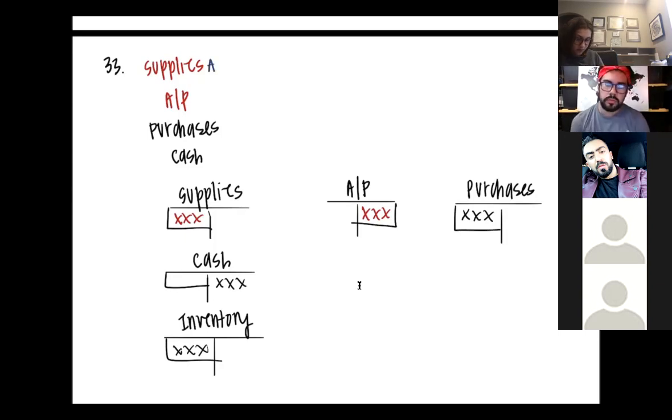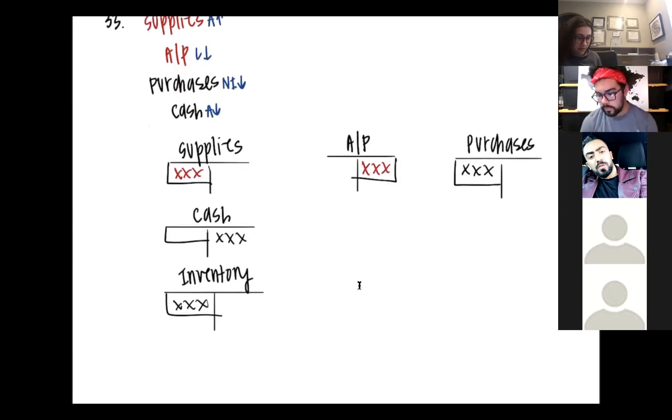Do we have the answer already? What's the entry for inventory? What's the journal entry? Is that inventory and cost of goods sold, or what is it? You just indicated inventory as increasing, so just like how you have it.